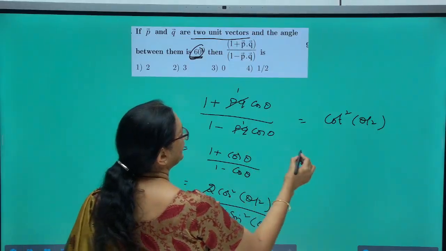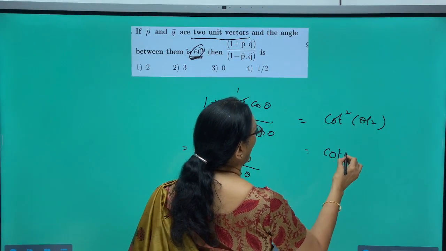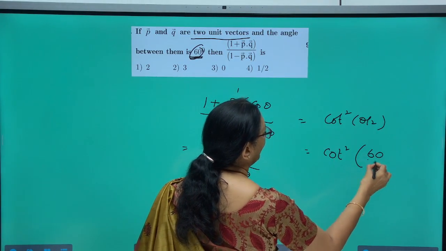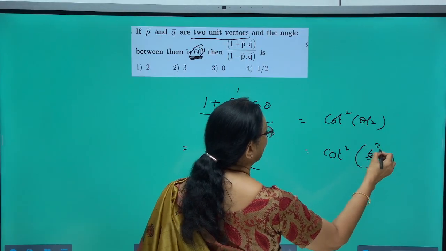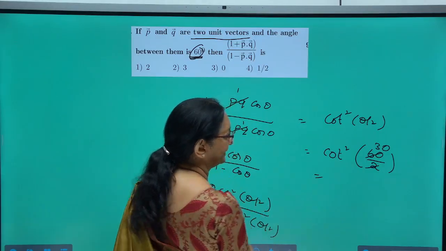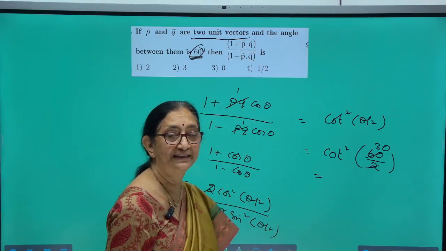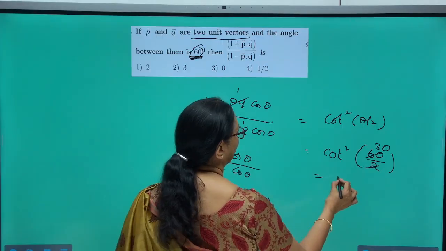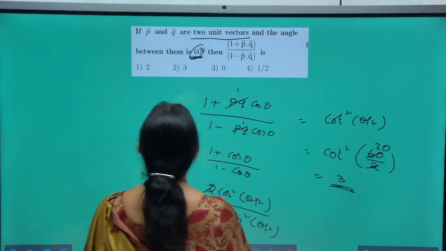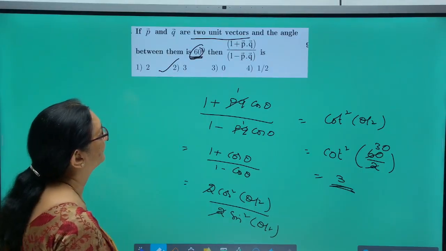Theta is given as 60 degrees, so this is cot square 30 degrees. Cot 30 is root 3, so cot square 30 is 3. So, the answer is 3 for that problem.